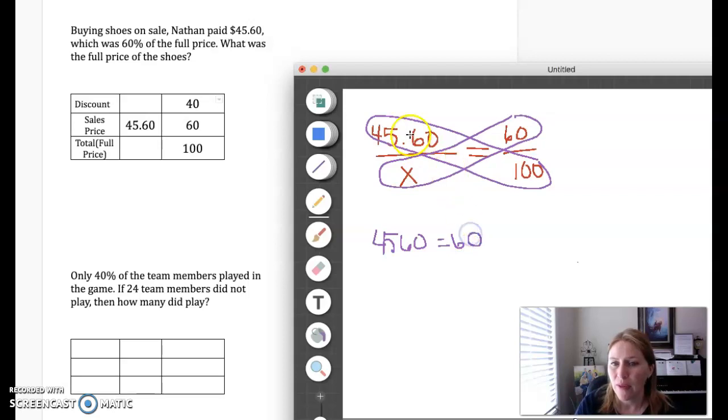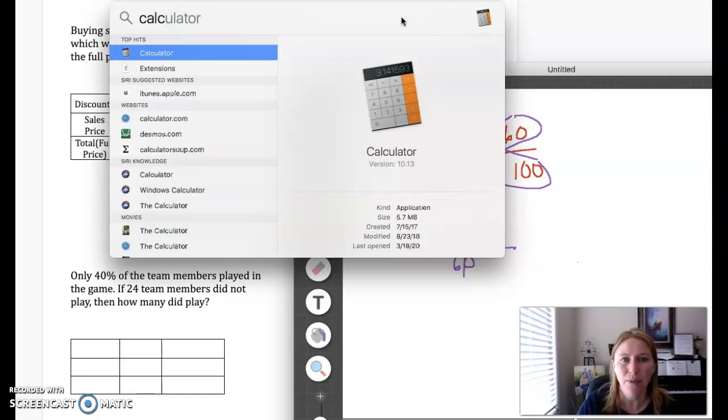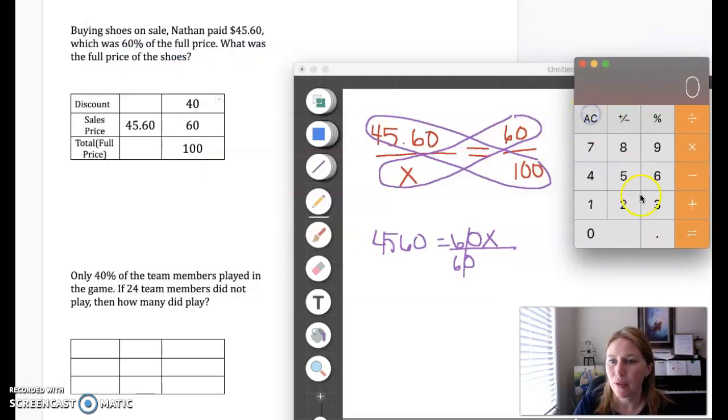So this times this divided by this, and if I put 45.60 divided by 60, I'm just going to use my calculator again really quick for sake of time. 45.60 divided by 60 is $76.